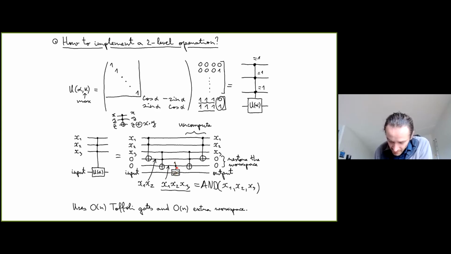And so instead of saying we compute the AND of these and rotate only if this AND is 1, we can do this by some extra gates, and then we only have one control because we have the value of the AND stored here. And then this is just to uncompute, so we return everything back to the original state. If this was some kind of workspace that has zeros, we want to have them back to zeros.